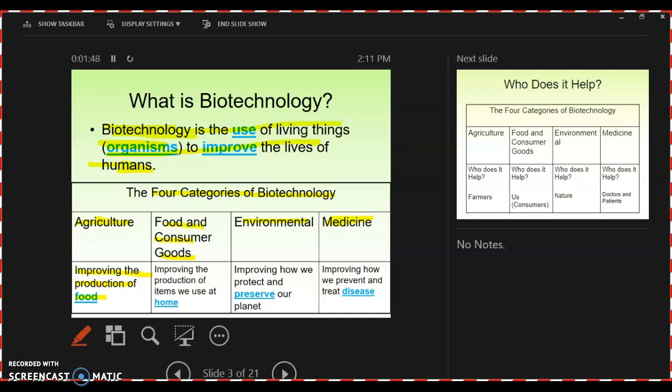With food and consumer goods, improving the production of items that we use at home. And you want to copy this entire slide. It may be easier to do it in a little chart like this, but that's up to you. They're your notes. For the environment, improving how we protect and preserve the planet. And then improving how we prevent and treat disease for medicine.